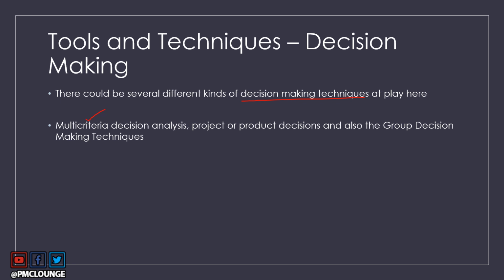Some could be project or product decisions, and also the group decision making techniques could be employed here. How many of you remember the group decision making techniques that we have discussed in the past? Plurality, majority, all that good stuff. So there are decision making techniques which could be employed to make decisions as to how the quality is being managed for your project.